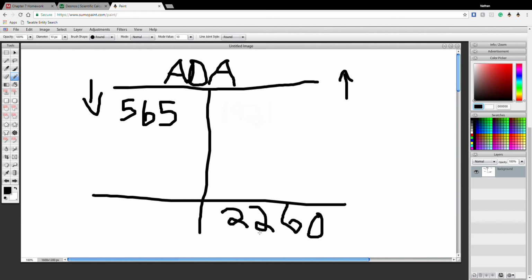Okay, so starting at 2,260, we still have to meet this goal. So it's still going to be a credit over here. But notice that we're starting in the hole of 565. So whenever it's a debit balance, and we're trying to find this missing amount, knowing that it's a credit balance, all we have to do is add the two numbers.